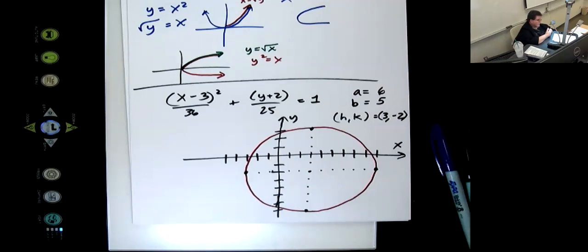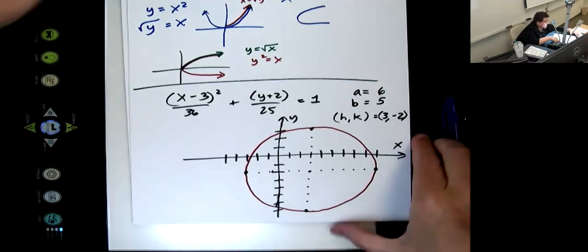Right? That's because A and B are almost the same length. In fact, that's the difference between an ellipse and the circle.